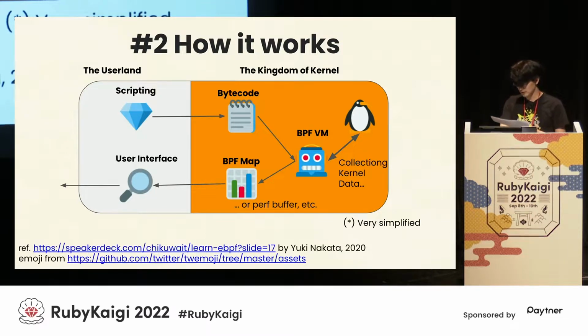BPF programs are first created from script or C source code into a binary. Then this will be loaded into the kernel by a BPF system call.